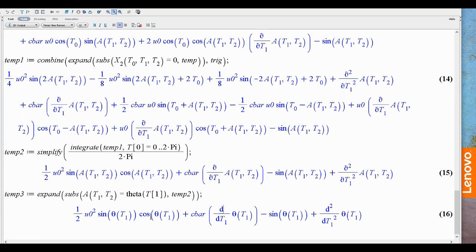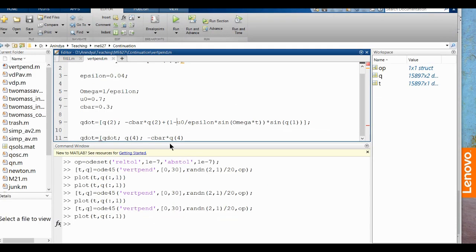Okay, this theta is our a, this theta is our q3, so plus 1 minus u0 square by 2 times cosine of q3, okay, and that times the sine of q3.